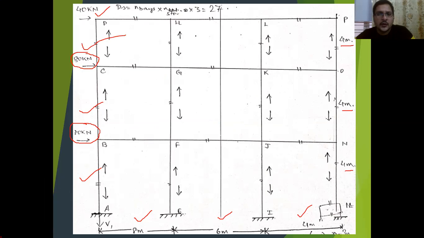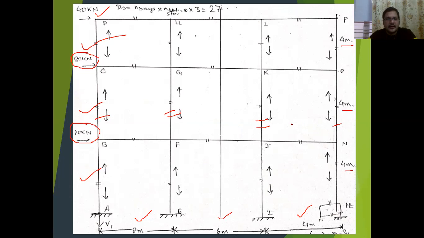So coming to the solution first, as per the criterion, if the area of the exterior columns is A, then the interior columns will be twice A. Sorry, just the reverse: if we have the interior columns as twice A, then the exterior columns will be A. Simply, the exterior columns are half of the interior columns.